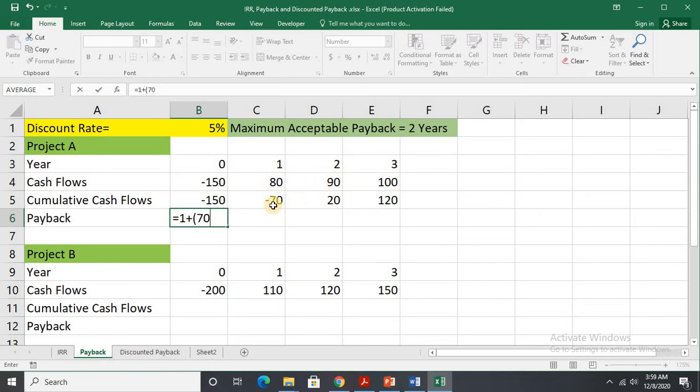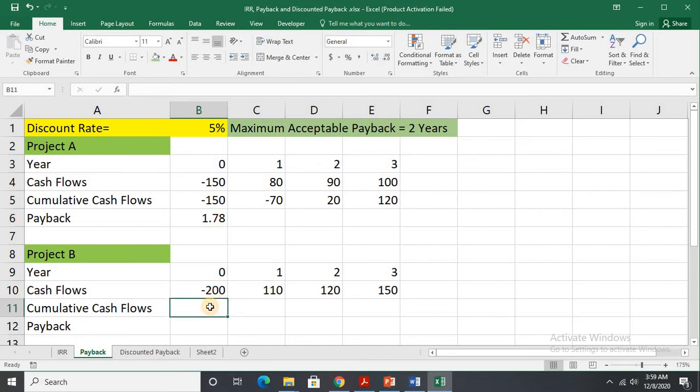So 70 divided by total cash flow during year 2 is 90. Close the bracket. Press enter. So the payback period for project A is 1.78 years.